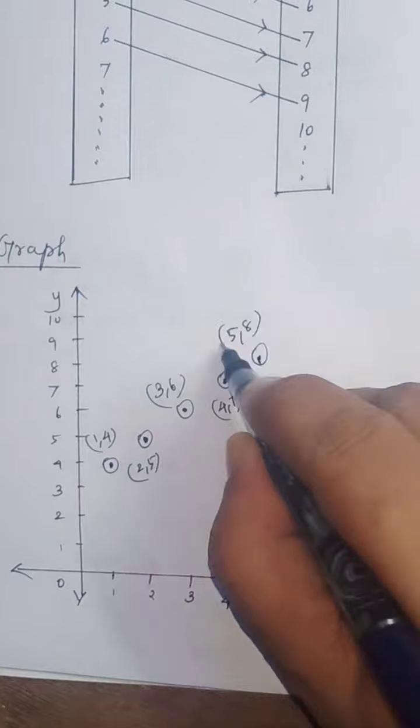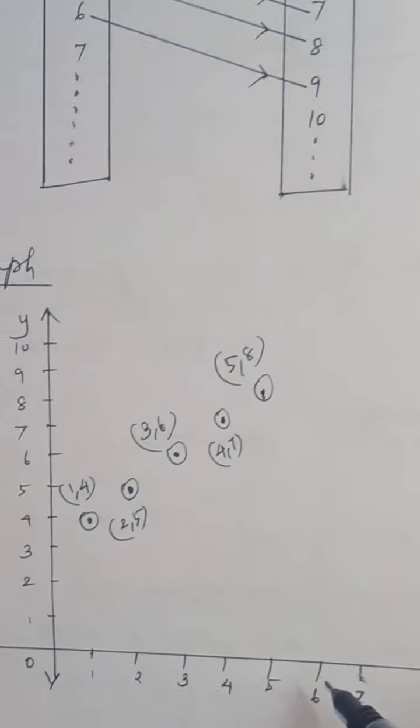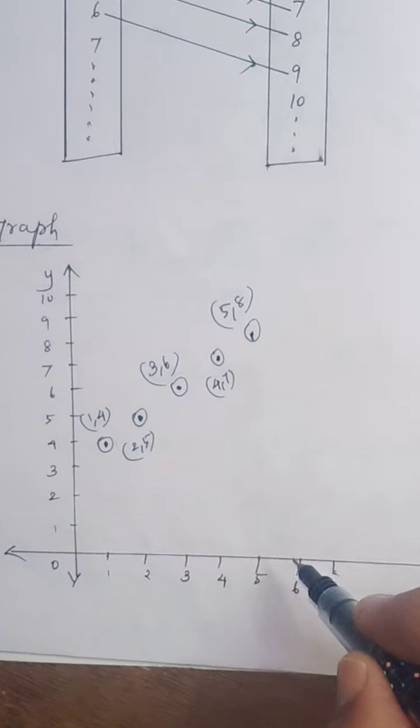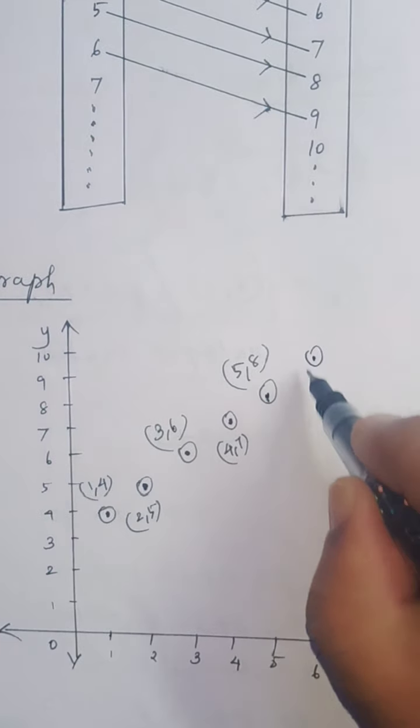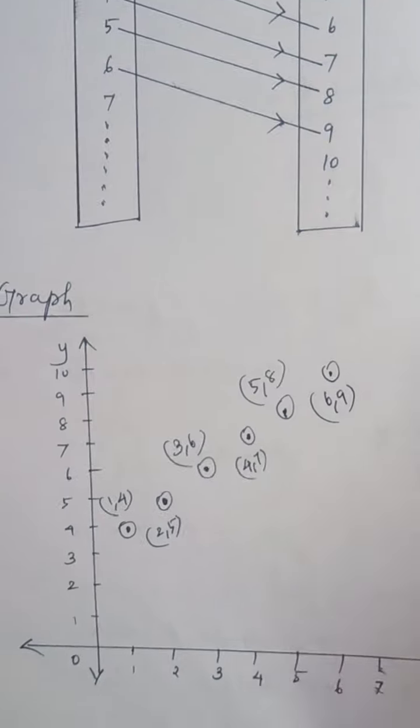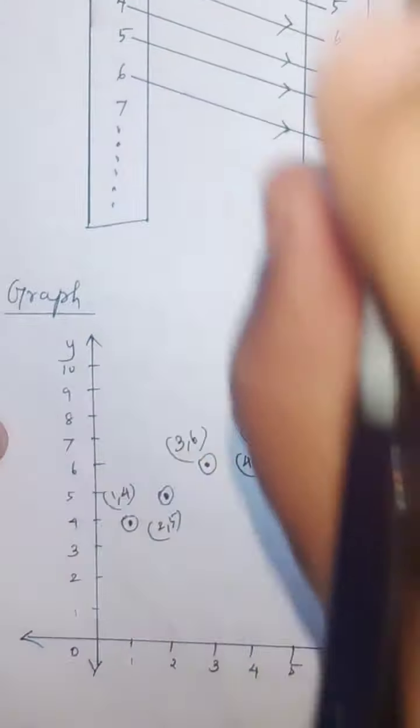Finally 6 comma 9: 6 in x-axis, 9 in y-axis. That's all. No 7 comma 10.